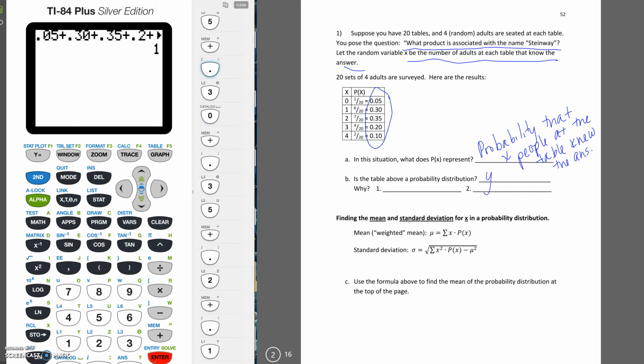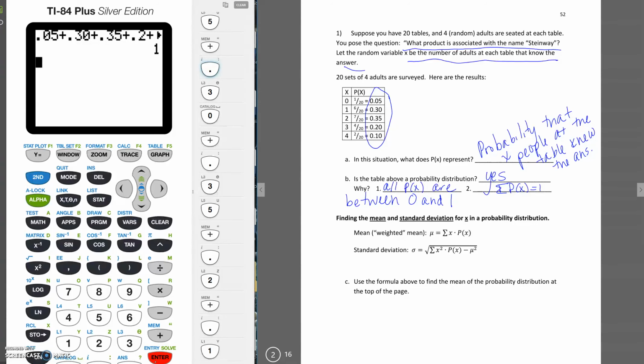So this would be a yes. So the reasons are all P of x are between 0 and 1, and the sum of all the probability values is equal to 1.